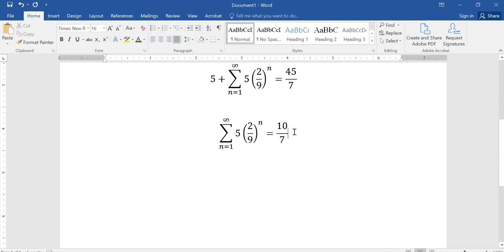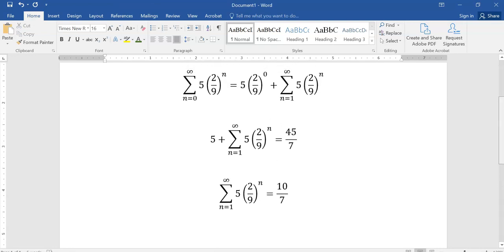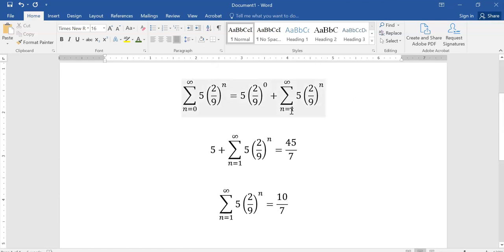By the way, if you started your summation at n equals 2, you just have to take the first two terms and subtract the first two terms from both sides. But there you go. So n equals 1 to infinity we can do because we know the rule for n equals 0 to infinity.